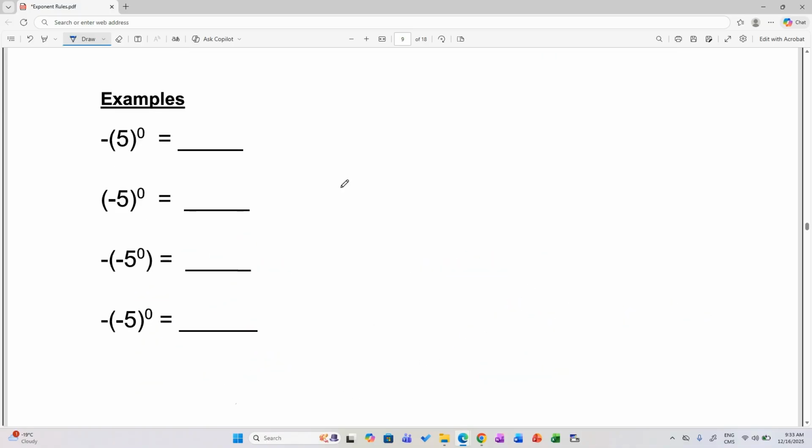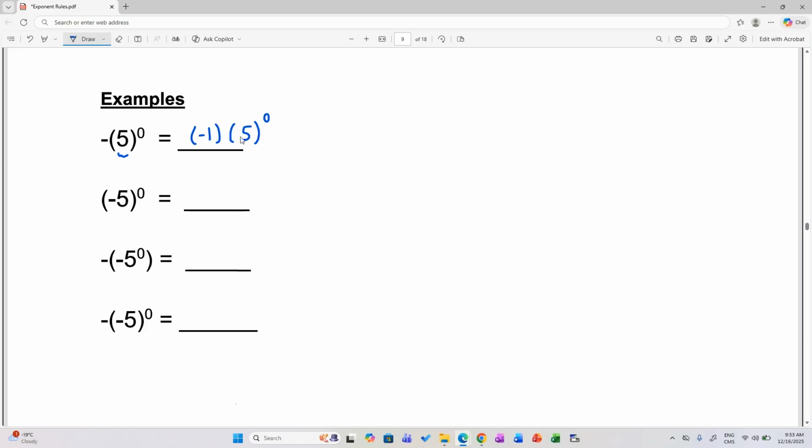Okay, so now let's go over some examples here. I have a negative on the outside, and inside I have 5 to the power of 0. So my base is actually going to be 5. First things first, that negative is actually an invisible negative 1. And then I have 5 to the exponent of 0. Well, if we solve with order of operations, I want to solve for brackets first.